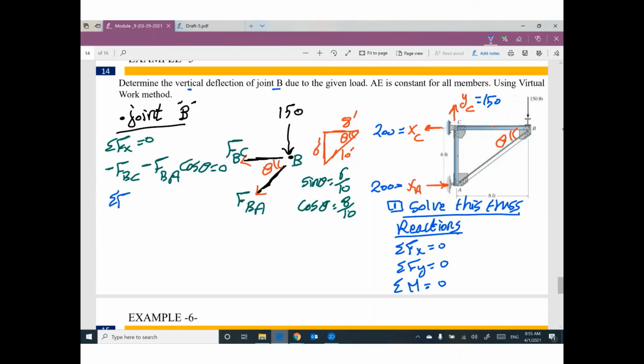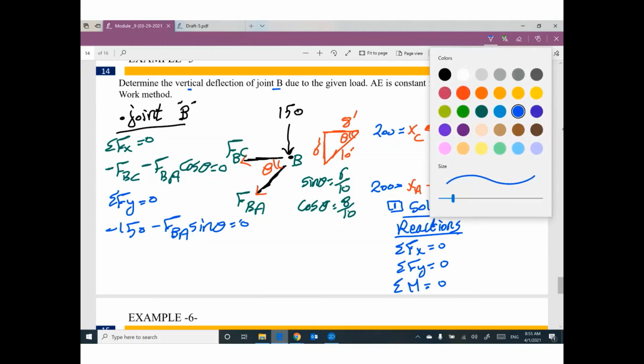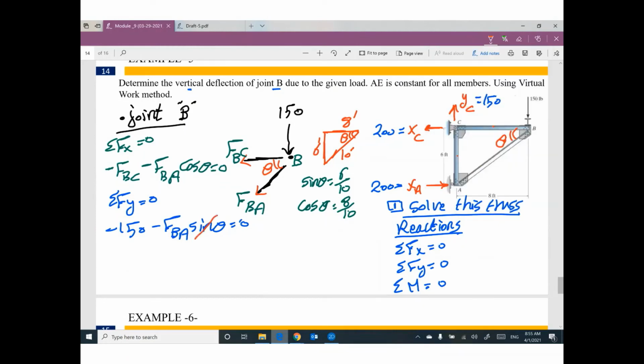Apply summation F of y equals 0. We will have negative 150, negative FBA sine theta equals 0. I think I can get value from the last equation. Sine theta is 6/10. The only unknown here is FBA will be negative, how much?